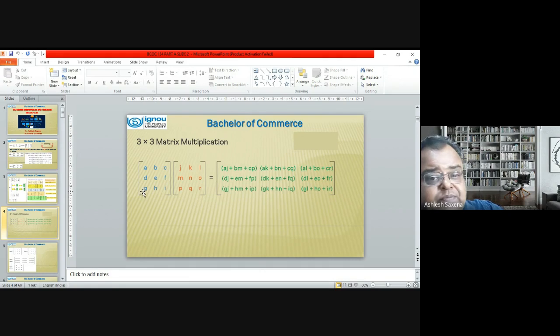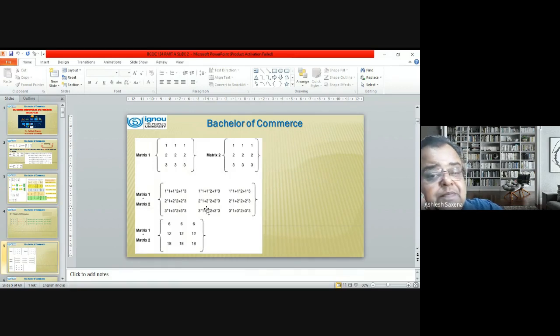Similarly, the third one. This being multiplied by this, and these three being multiplied by these three. Here it is. The last element, that means C33, will be GL plus HO plus IR. This is the method by which matrix multiplication is done.